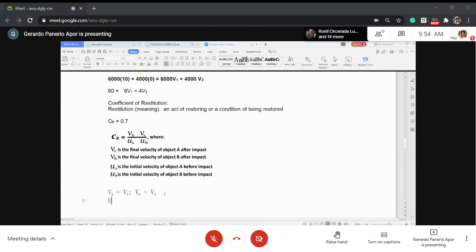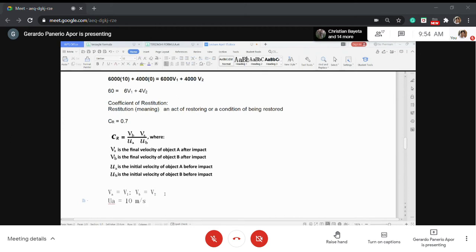Now, how about U? U sub A is the initial velocity of object A before impact, that is U1, the initial velocity of car number 1, which is 10 meters per second.